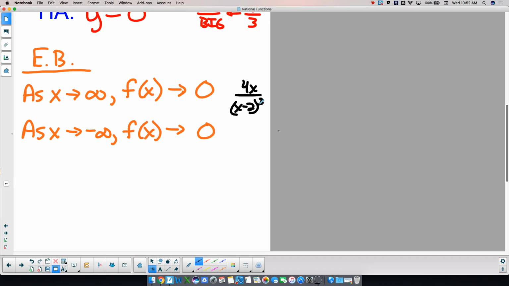So that's going to be a positive divided by a positive, which is going to be a positive, so it's going to come from above. If I put a negative number in there, I get a negative number on top, correct? On the bottom, I get a negative number cubed. What's a negative number cubed? Still negative, right? So I've got a negative divided by a negative, which is positive. That one also is from above.